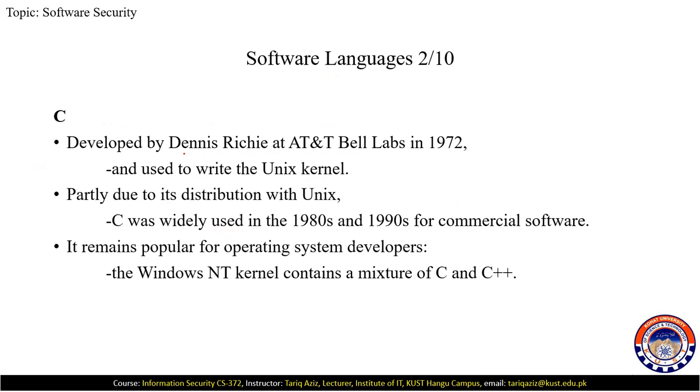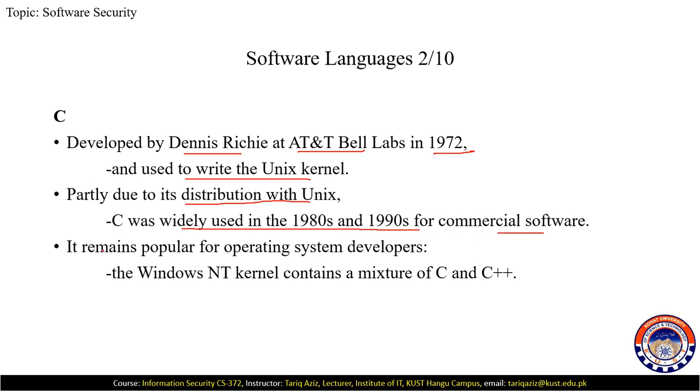It was developed by Dennis Ritchie at AT&T Bell Labs in 1972, and C language was used to write the Unix kernel. And it says that because of distribution with Unix, C was widely used in the 1980s and 1990s for commercial software.